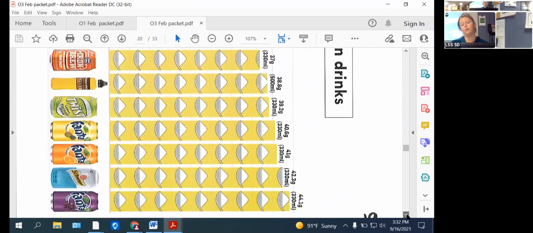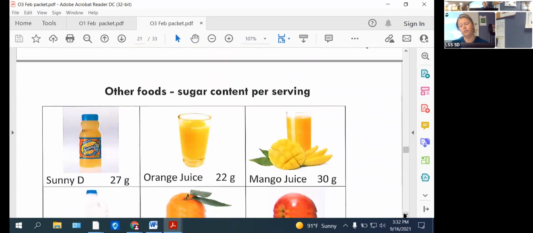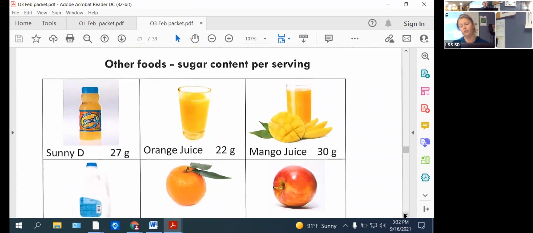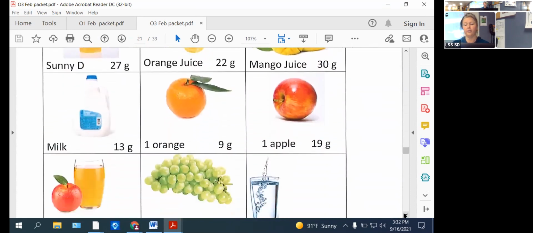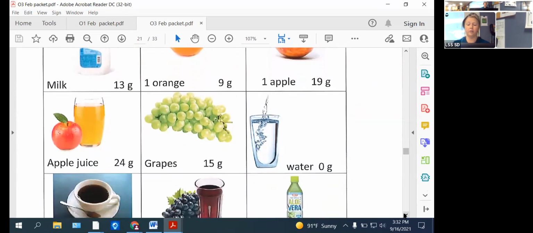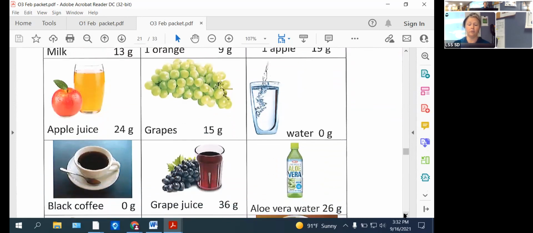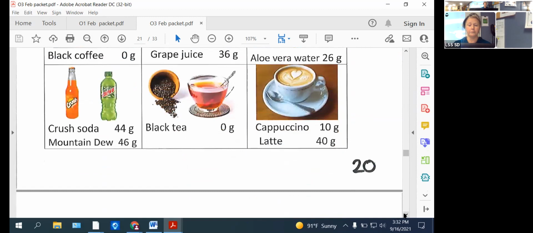Some of our students love orange Fanta. Well, orange Fanta has a ton of sugar and they didn't realize this. So they really appreciated that. And then we talked about drinks versus the actual fruits, and just really discussed sugar intake as one of the healthy ways to make choices in their food selections.